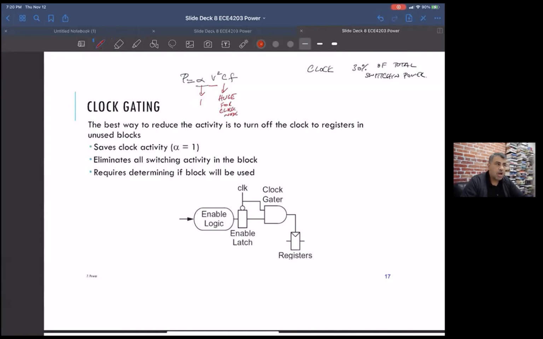You're going to be driving, I don't know, hundreds of thousands of flip-flops, depending on your design. It's a gigantic capacitance, so that's really bad. And then frequency: by definition, your clock is the highest frequency thing in your circuit. So everything about the clock means high power consumption.